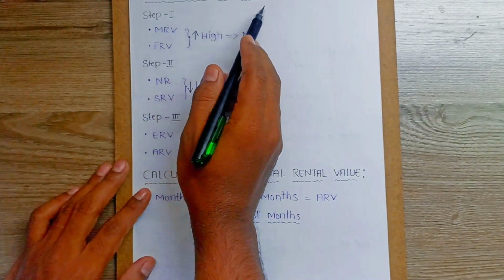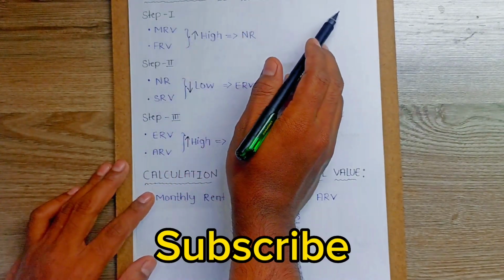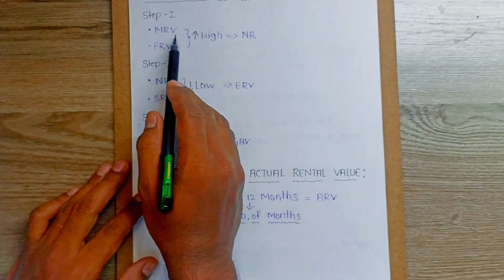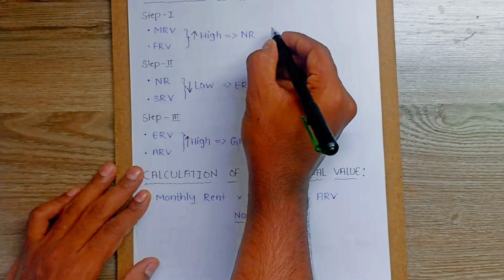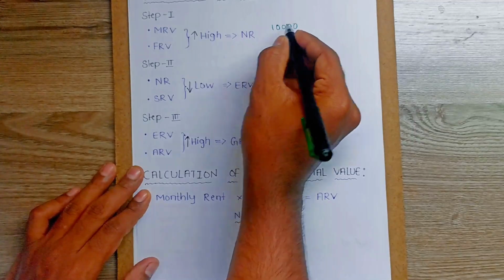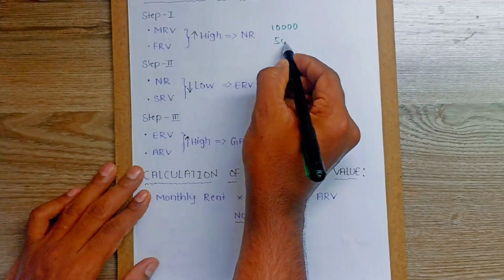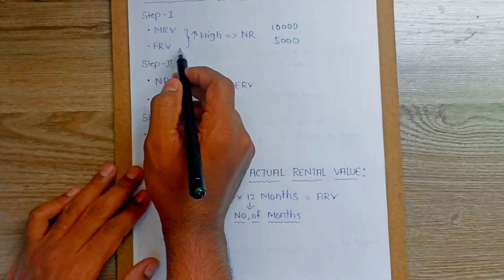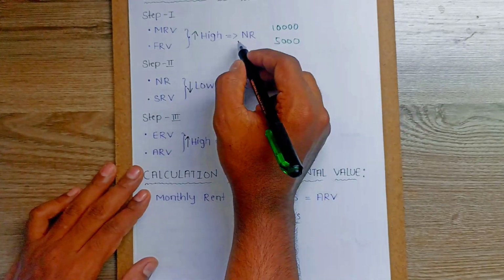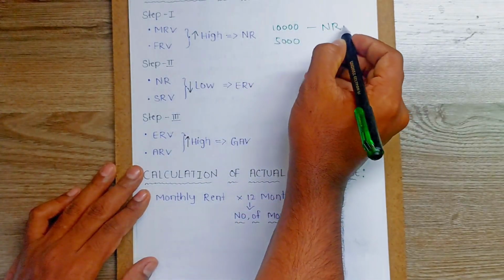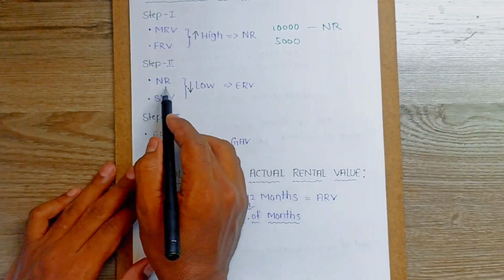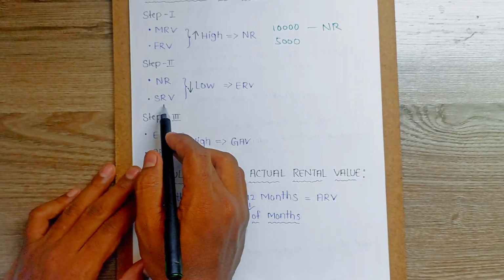Then calculation of gross annual value. There are three steps, like MRV and FRV. Suppose MRV value is 10,000 and FRV value is 5,000. Whichever is greater, we consider the highest value, known as NR, that is notional rent. In the second step, NR and SRV.